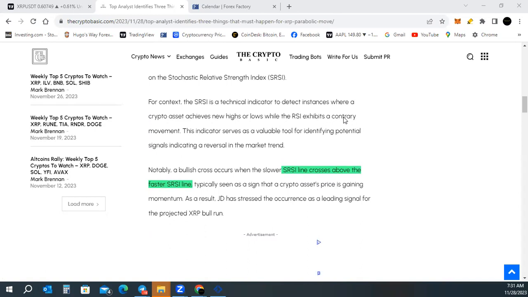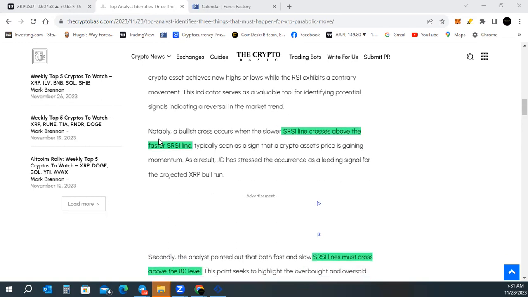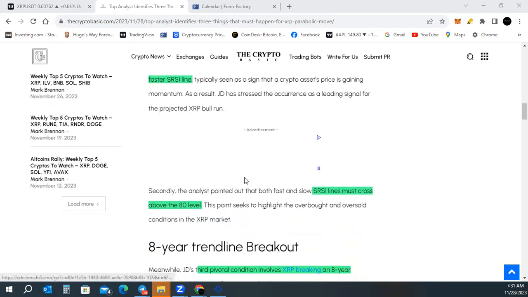While the RSI exhibits a contrary movement, this indicator serves as a valuable tool for identifying potential signals indicating a reversal in market trend. Notably, a bullish cross occurs when the slower SRSI line crosses above the faster SRSI line, typically seen as a sign that a crypto asset's price is gaining momentum. As a result, JD has stressed the occurrence as a leading signal for the projected XRP bull run.